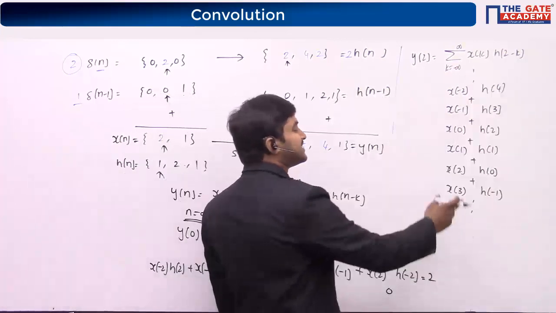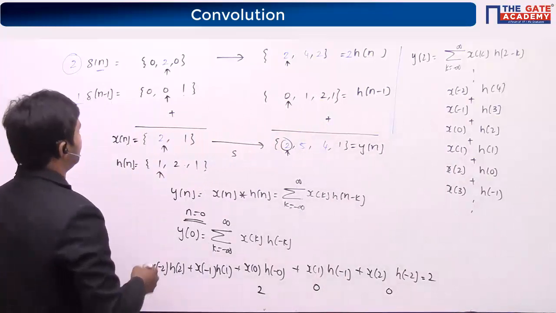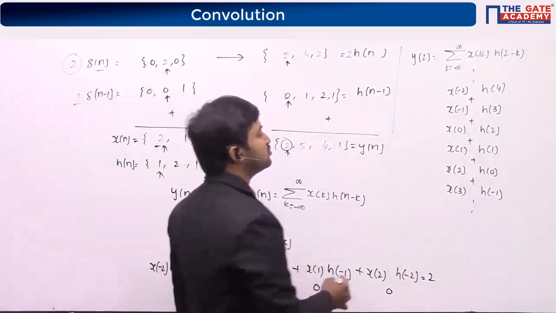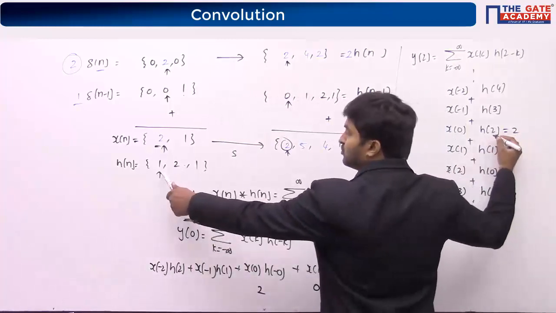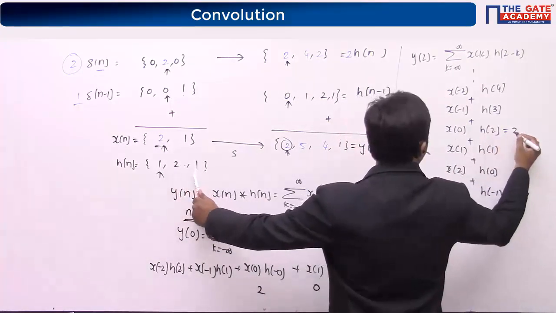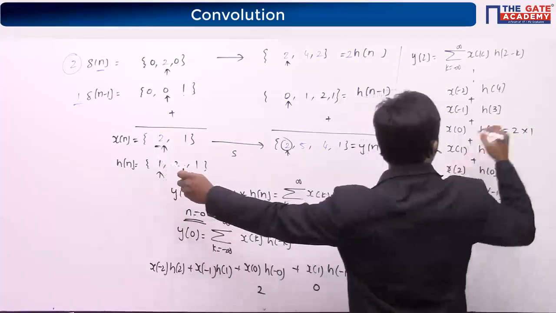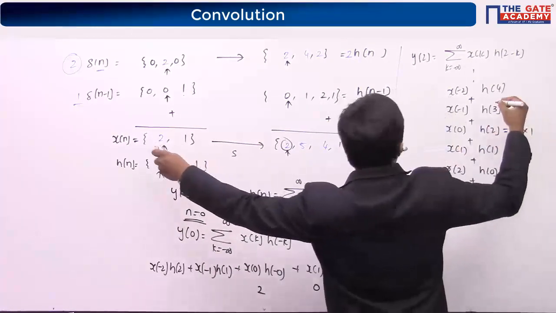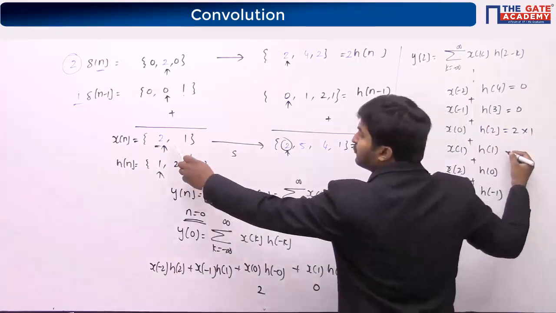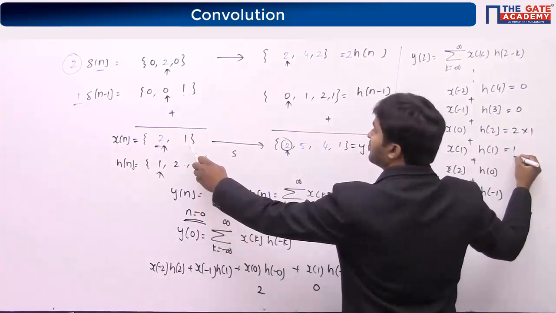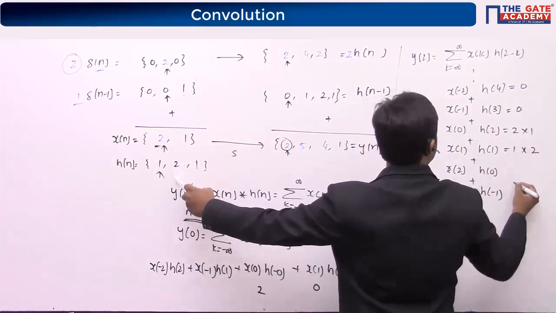Now let us see the value x of 0. x of 0 is 2. What is the value of h of 2? It is 1. x of minus 1 is 0. x of minus 2 is also 0. On the other side, x of 1 is 1, multiplied by h of 1, which is 2.